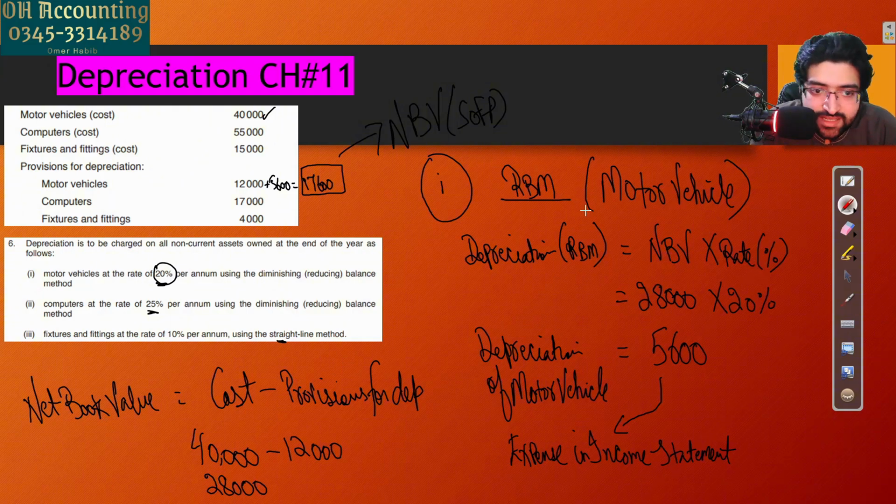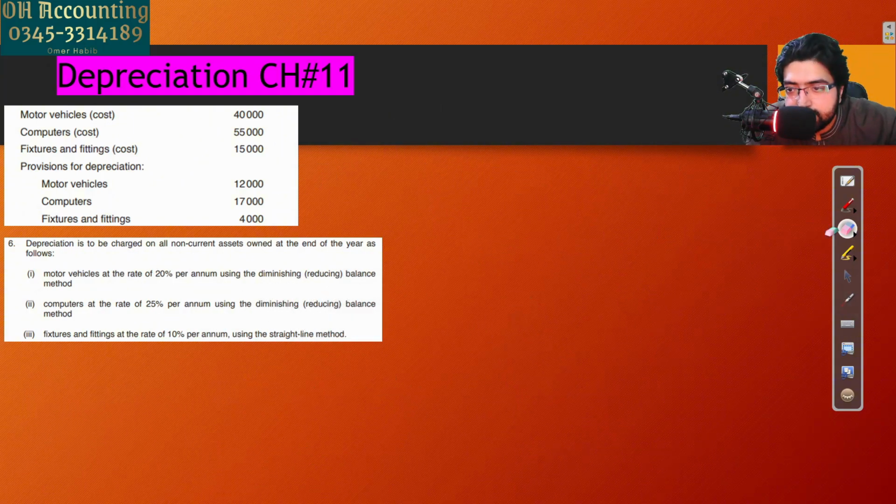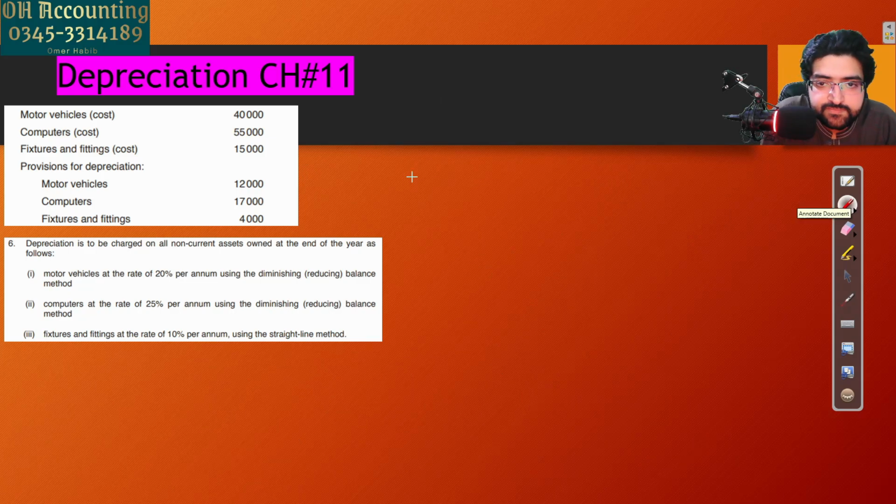Let me erase all this and move on to the next non-current asset, which is computers. So even if this was unclear, watch again. We are doing the same thing because it's the same method, only the percentage is changing. So pay attention. Okay. We are using reducing balance method again. What are we depreciating now?